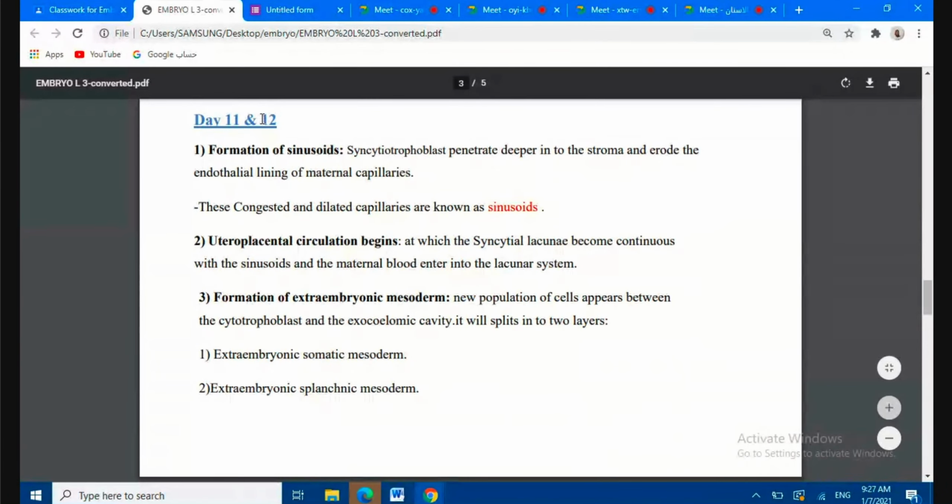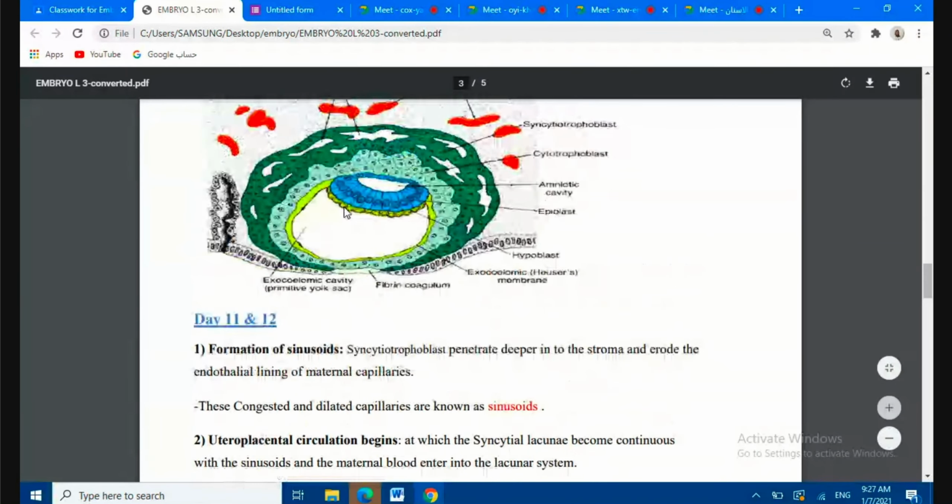First of all, you need to know that most of the events are related to blood circulation. Why? Because the embryo, with all these divisions and formations, needs energy and nutrition.